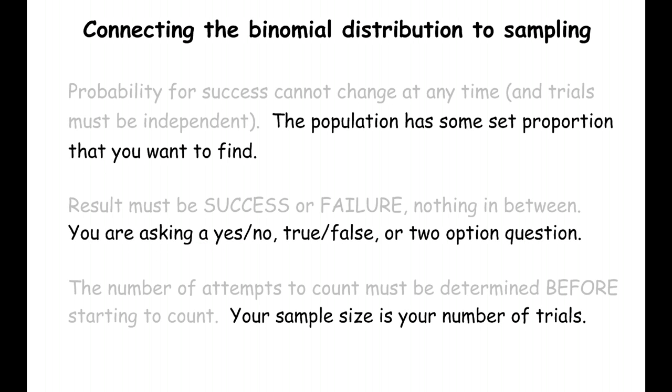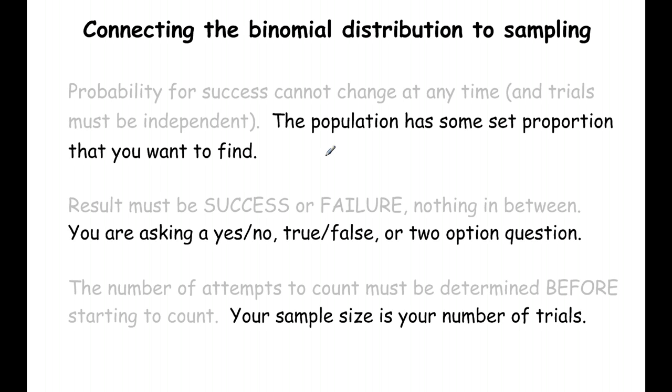Now we're going to connect the binomial distribution back to some of the sampling stuff we've done earlier. What we originally called the probability for success not changing is saying that the population has some set value that we want to find out.